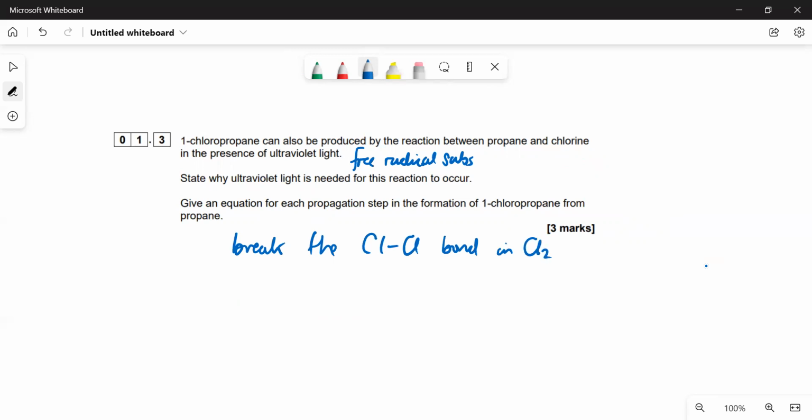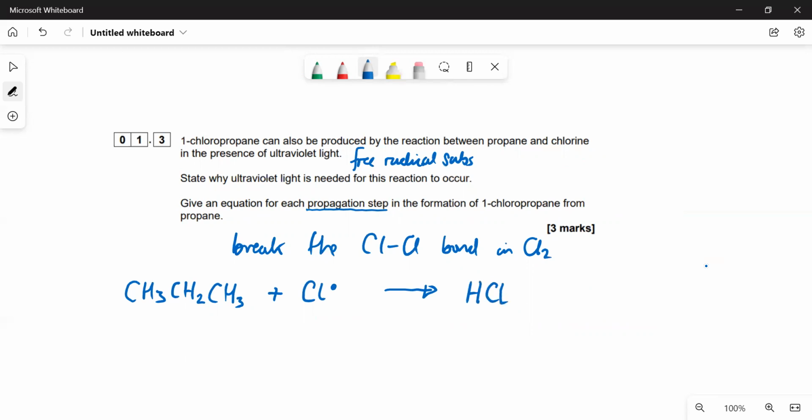Okay. Now we've got to talk about the propagation step. Okay. So there's two propagation steps. What happens there? Well, okay. So we're going to get the alkane, propane, and that's going to react with the chlorine free radical on the right. The chlorine free radical is going to take a hydrogen with its electron away from that, so that's going to form HCl.